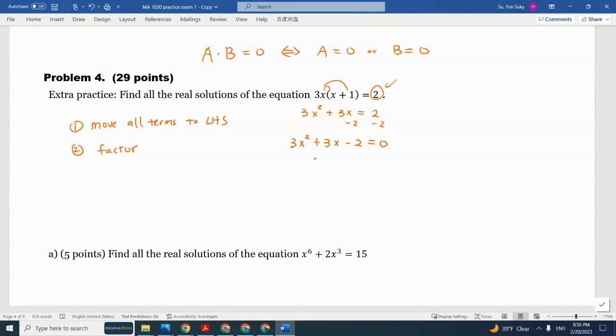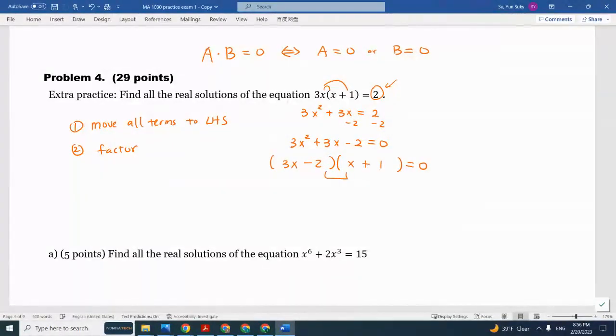Now we factor. Can we factor it? Let's try. 3x and x, and -2. 1 and 2, one of them is negative. Let's try 1 here and 2 here. What happened?